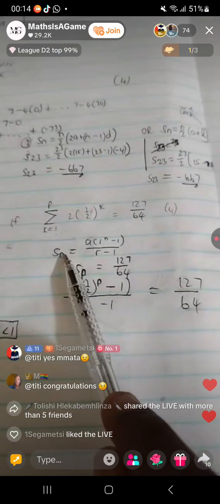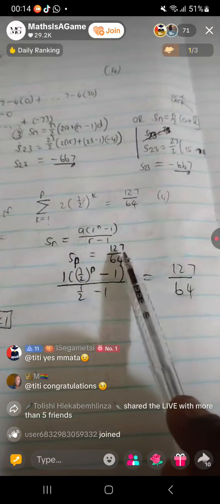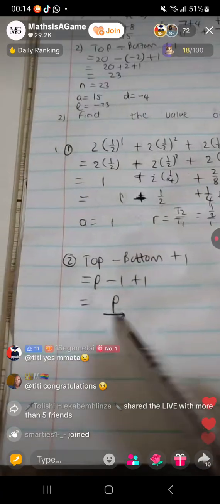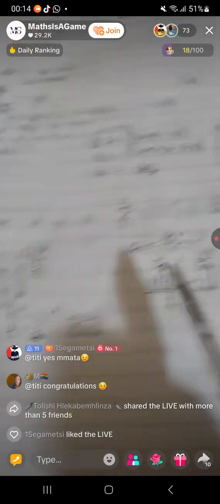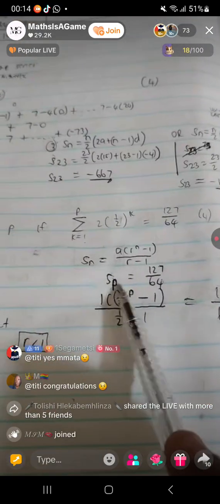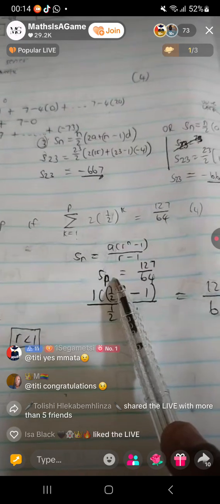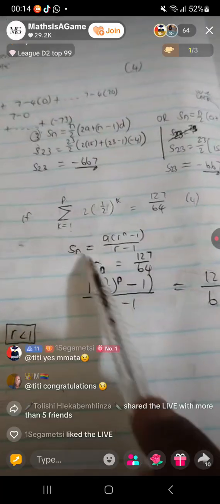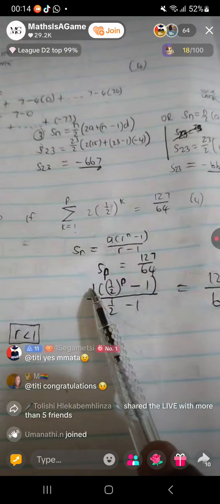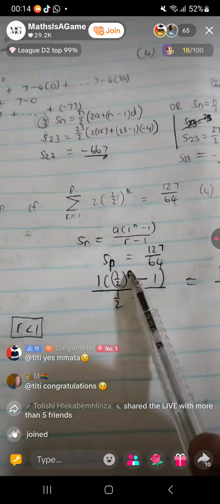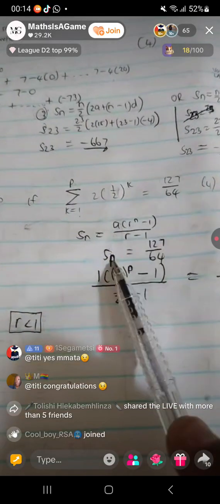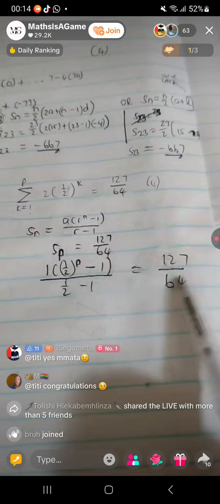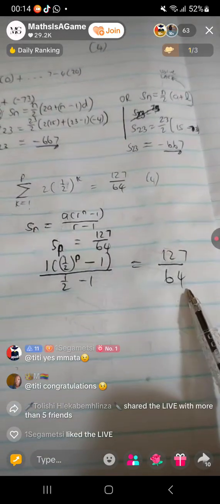So that's why we have Sp is equal to 127 over 64. Remember, sum of p terms is a, which is 1, r to the power n, half to the power p. In the place of n, we will write p minus 1 over half minus 1 is equal to 127 over 64.